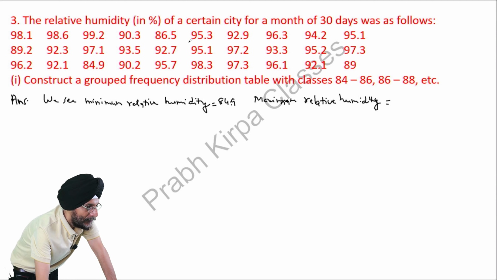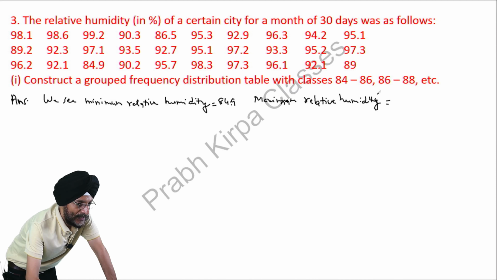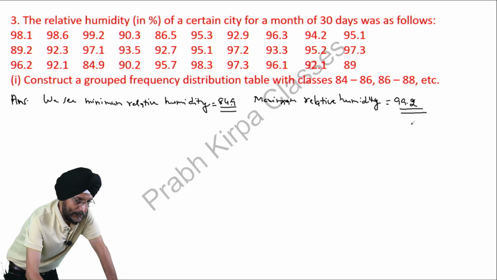Anything more than 99.2? No. So the maximum relative humidity in the given table is 99.2. So we have so far calculated the minimum relative humidity and the maximum relative humidity.